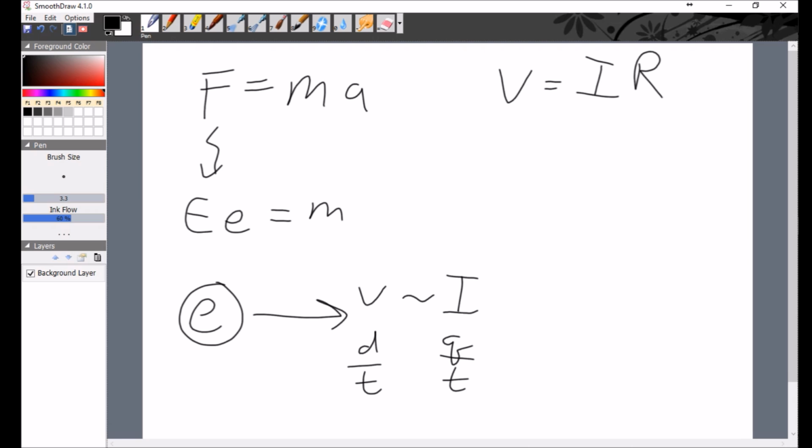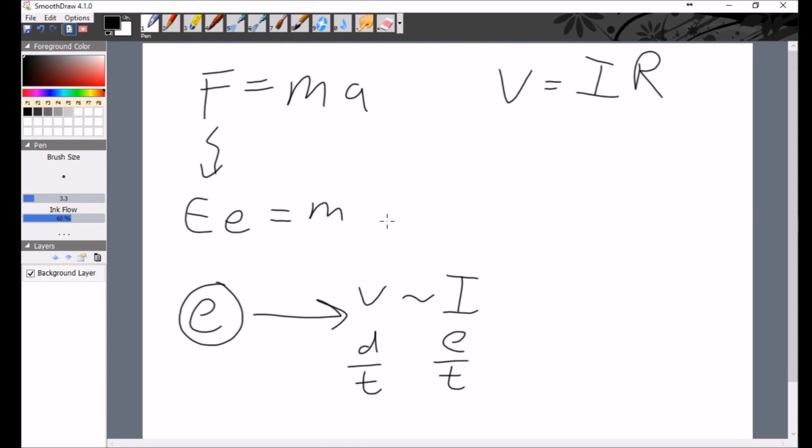Actually, let's make that an e. There we go. I can think of this as the electron charge going over time. So I can think of these two as being related if I just think about, say, for example, how much distance the electron travels from one point in time to the next. I can convert this thing into this thing pretty easily.